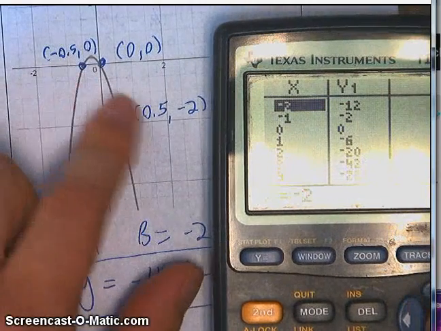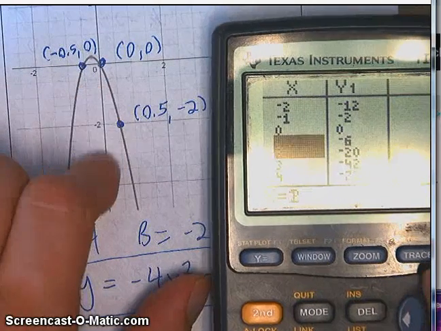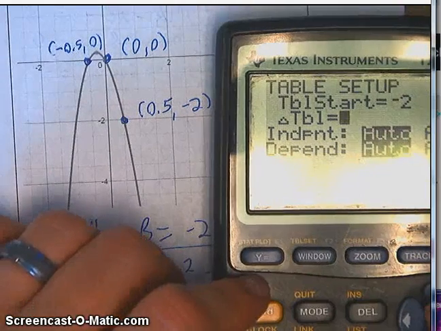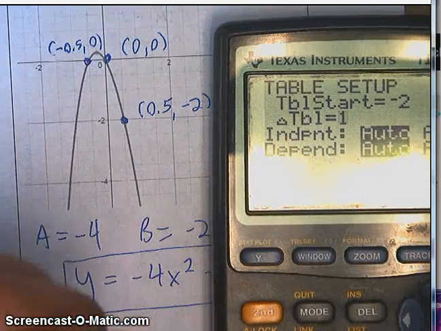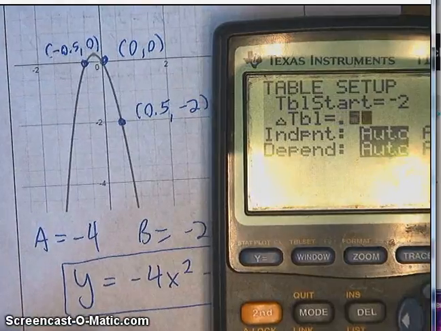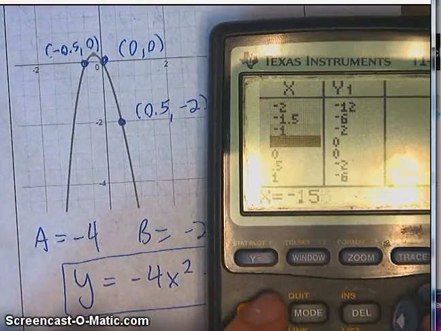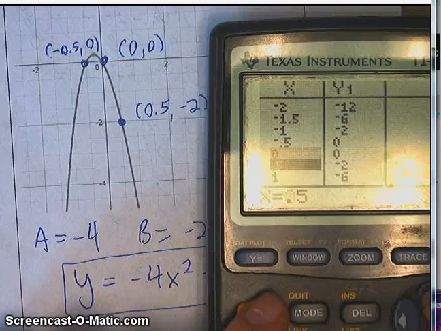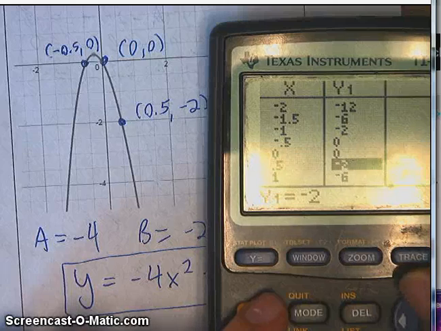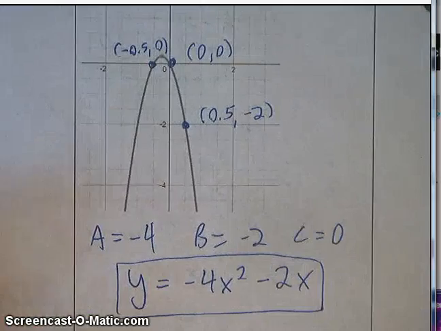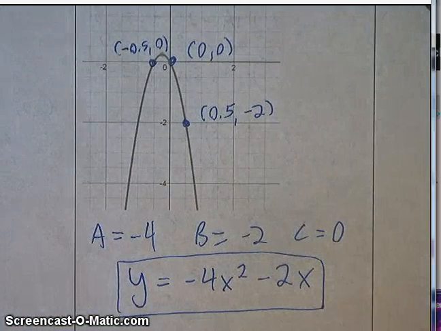But I can't see these 0.5s because my calculator skips right over them. So if I go to second window and see how it says delta table, that's the change in the table. If you just change that from 1 to 0.5 and then go back, we'll be able to see those points. -0.5 was 0, that's what it was supposed to be. And +0.5 was -2. That's what it's supposed to be as well. So that's a good way to double check your work. Check the table. Make sure the equation spits out the points it's supposed to.